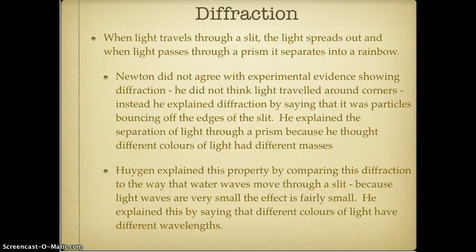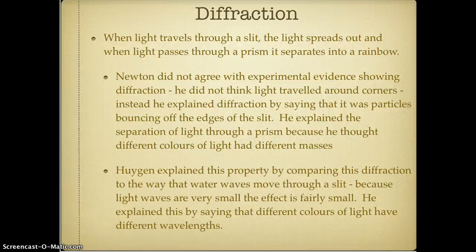Now, diffraction. When light passes through a slit, the light spreads out, and when it passes through a prism, it separates into a rainbow. Newton didn't really agree with the experimental evidence showing diffraction, the fact that it spreads out when it goes through a slit. He didn't think that light could travel around corners.